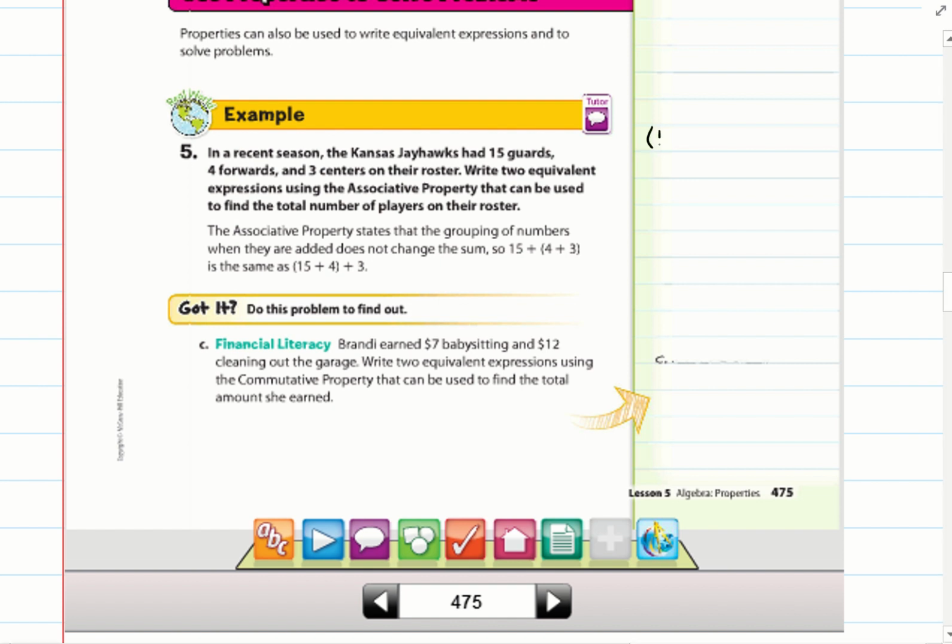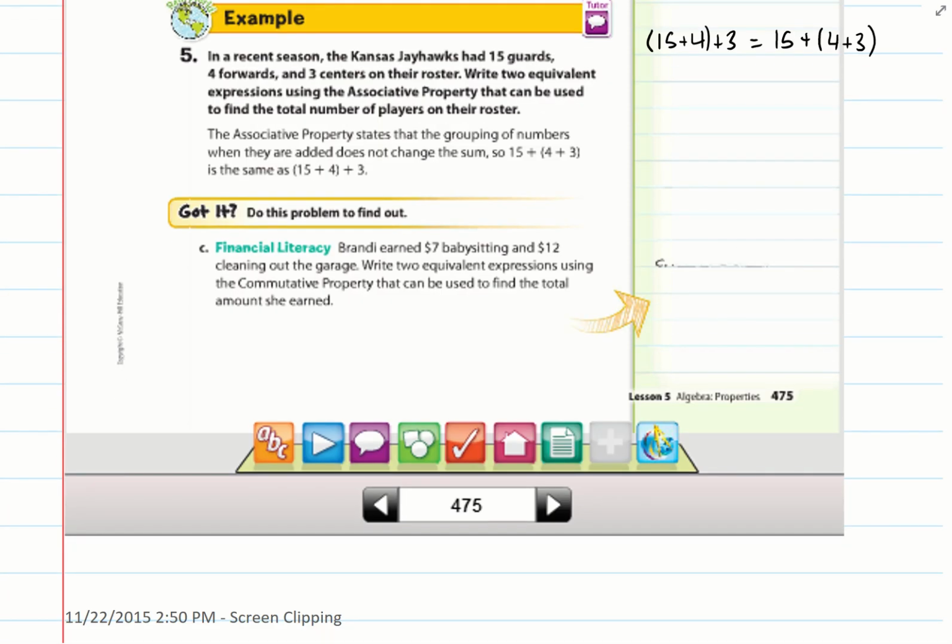So I can say we had 15 guards, 4 forwards, and 3 centers. I can also group this differently and say we have 15 plus 4 forwards and 3 centers. So I use the associative property with grouping, but I use the same numbers in addition, so they are going to be equivalent. So go ahead and try C.